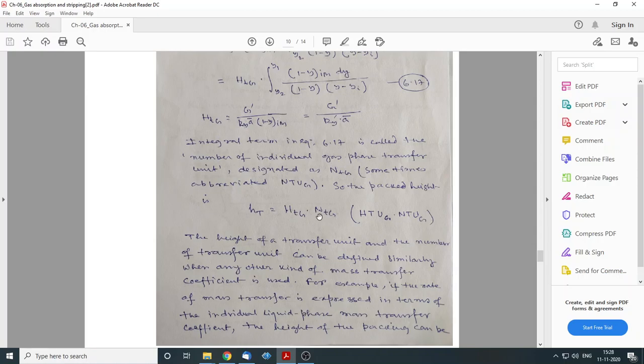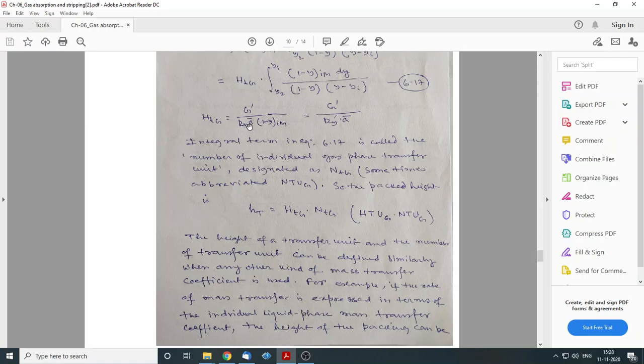And if the number of transfer units is 2, then it is 5 meter total. Initially it was 10 times 2, 20 meter. Now it comes to 2.5 times 2, so 5 meter.